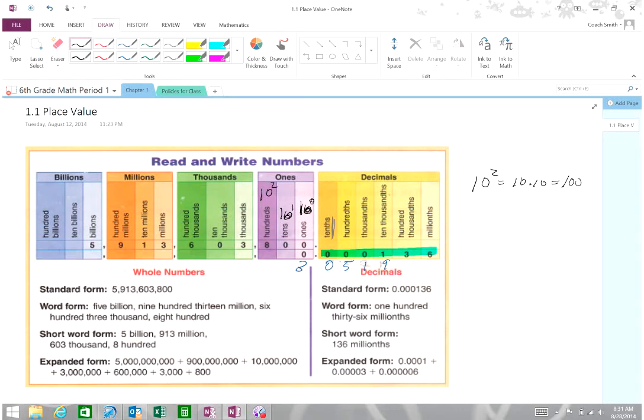And so it continues to go up, so the thousands place value would be 10 to what power? If the hundreds is 10 to the second, 10 to the third. So ten thousands would be 10 to the 4th, and then it just keeps going from there. 10 to the 5th, 10 to the 6th, 10 to the 7th, and so on.